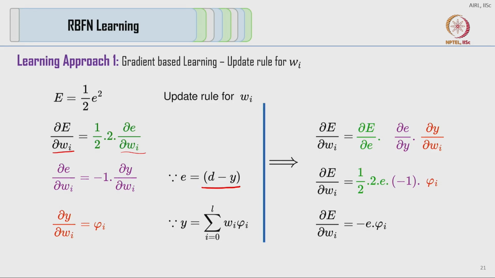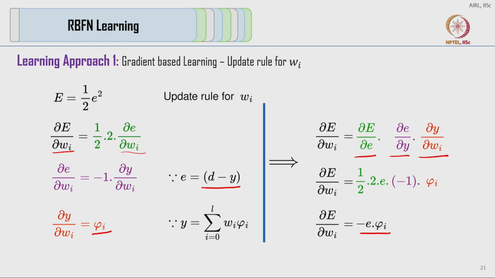What is Y? Y is nothing but summation i equals 0 to L of Wi phi i. If you differentiate, this is a linear activation function, so dou Y by dou Wi, the rest of the terms will become 0, and you will get phi i. So what is my update rule? Dou E by dou Wi is nothing but dou E by dou e times dou e by dou Y times dou Y by dou Wi. If I substitute all the variables, what do you get?